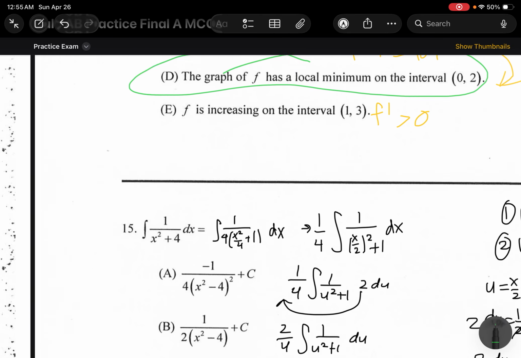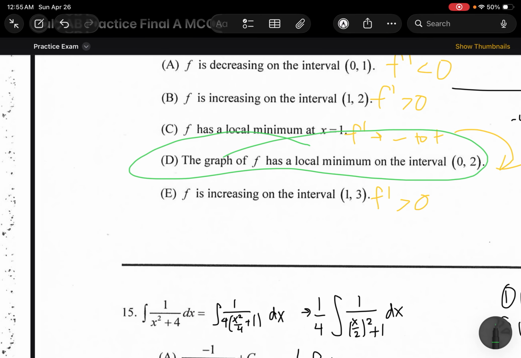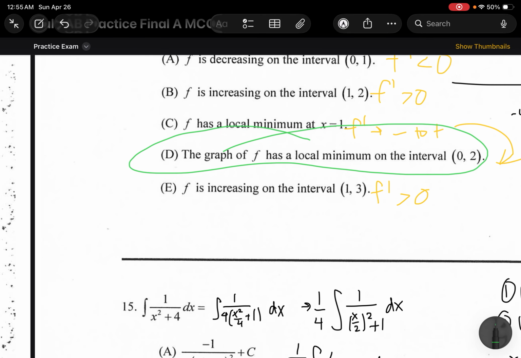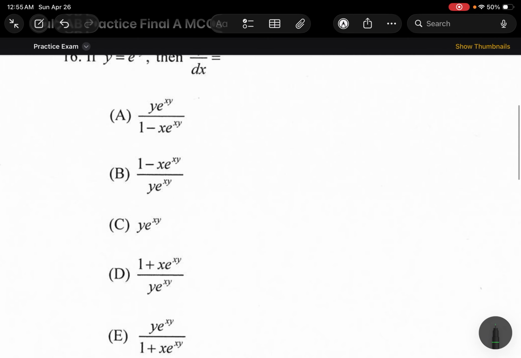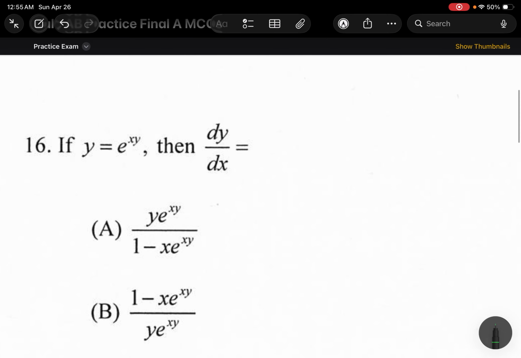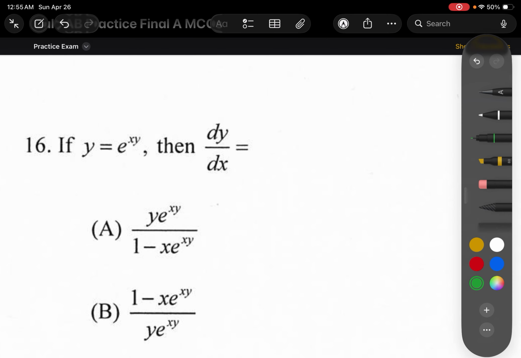Moving on to question number 16. We have about 14 more problems, I believe, until this is over. So if y equals e to the xy, what is dy/dx?